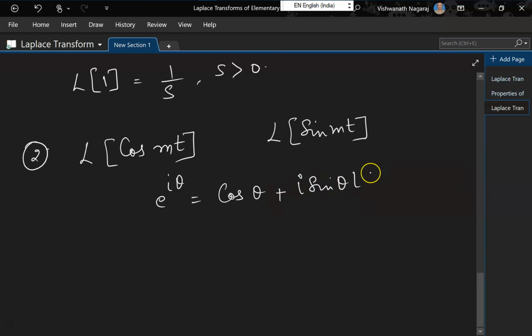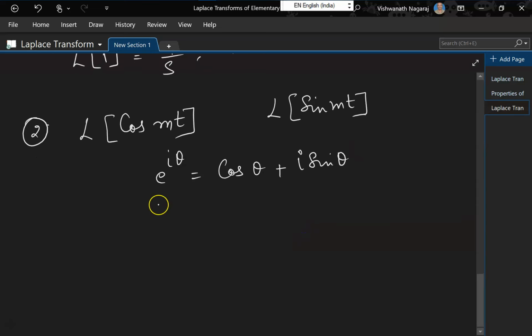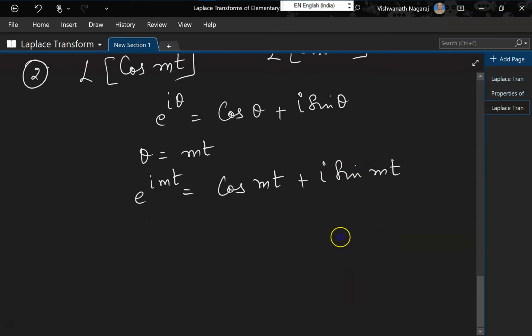This is the identity that we'll invoke. Now we will say theta is mt. So it becomes e to the power of imt is equal to cos mt plus i sin mt, right?